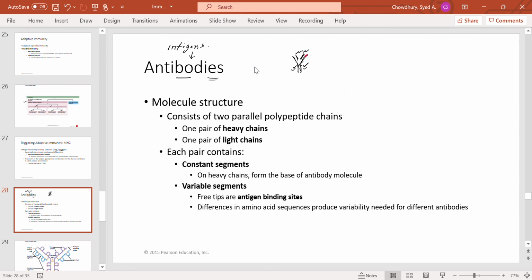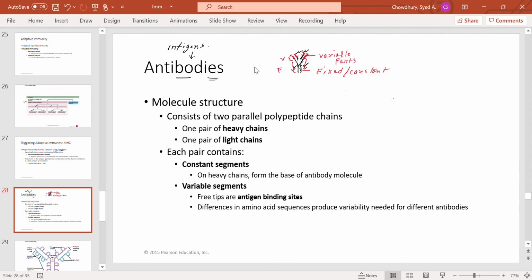The end parts are variable parts, and the bottom parts are fixed or constant parts. So each polypeptide chain has a variable part and a fixed part. And usually the variable part changes based on the shape of the antigen.